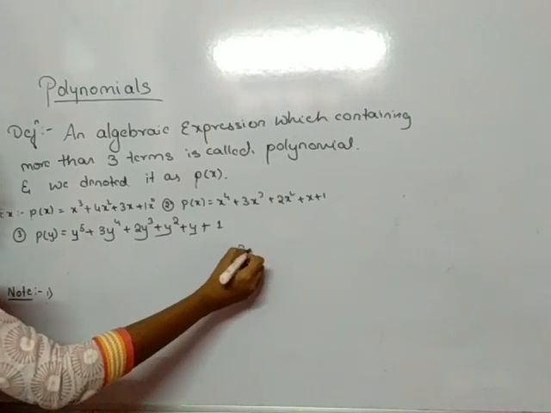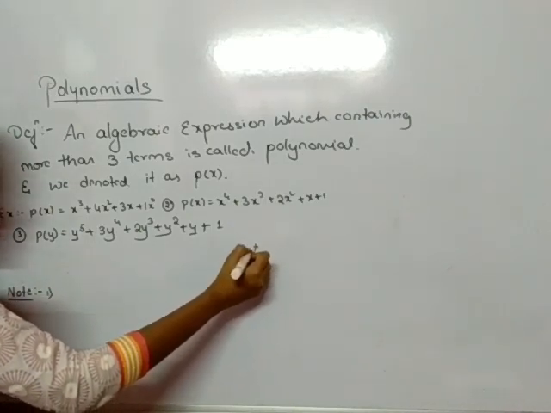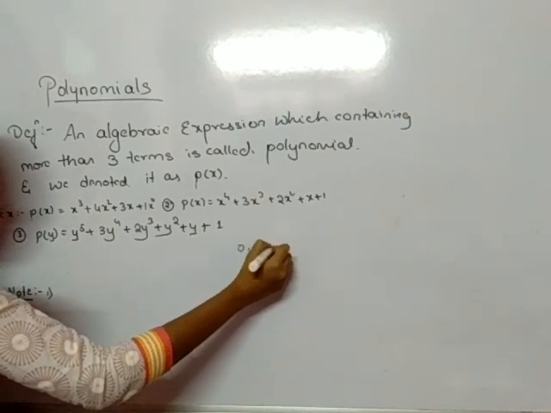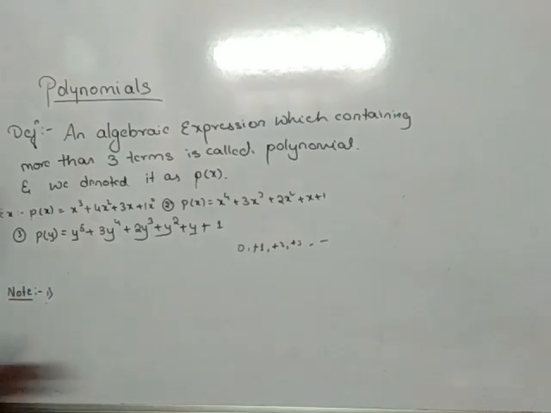Integer means 0 will also come. Positive 1, positive 2, positive 3 and so on, right? These types of powers should be present for the variable. Then we can say that the given algebraic expression is a polynomial.